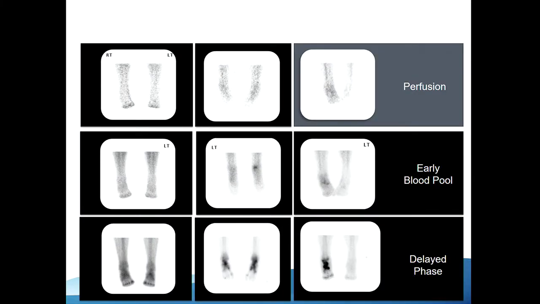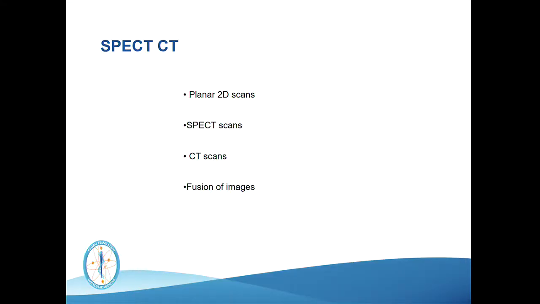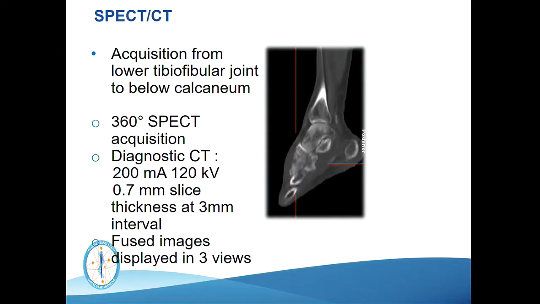This is a set of planar images with perfusion, early blood pool and delayed phase. And the left-hand column of images are pretty normal, and they go to become more grossly abnormal on the right-hand column. And we've got a little scoring system, but we don't really use it clinically. I'm not going to go too much into how we do our SPECT CT, because I think this audience knows about that.